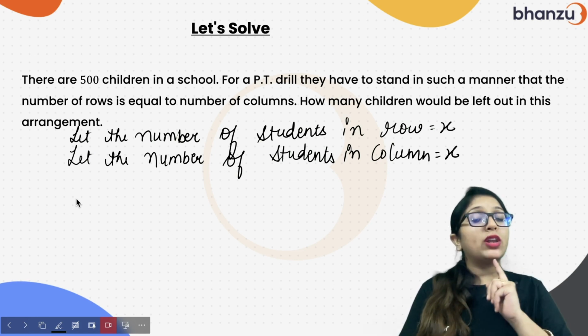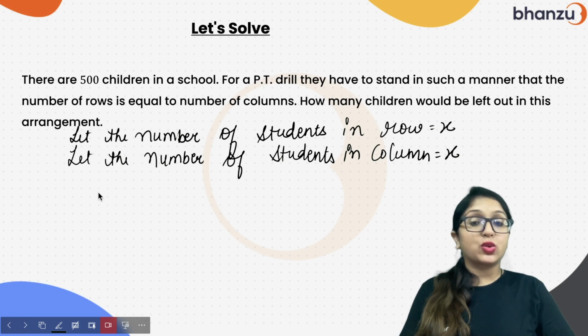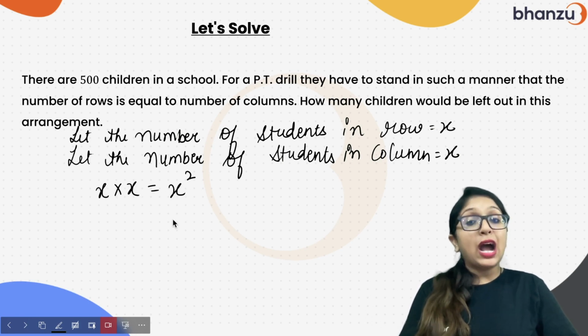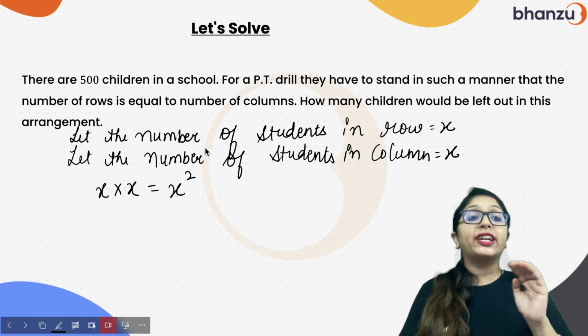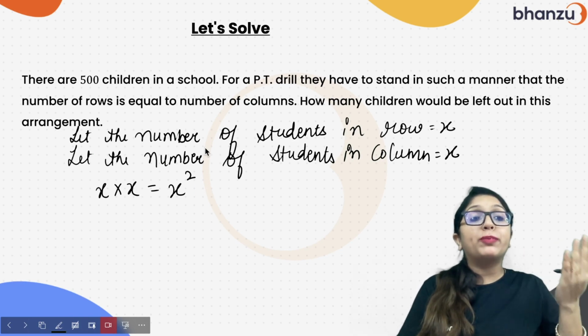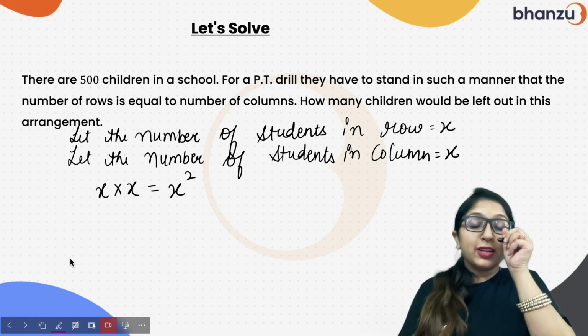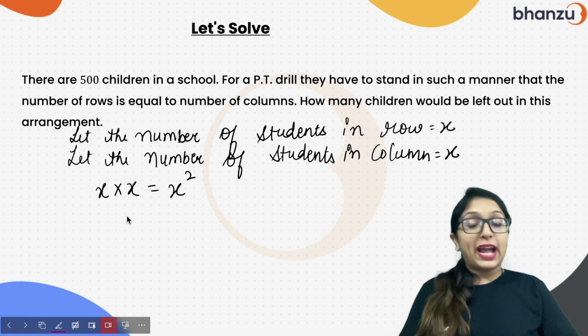Now we want an equal number of students in rows and columns, so this is going to be x multiplied by x, which is x square. Now we know that the number is 500 and we have to find how many children would be left out in this arrangement. So let's quickly see first of all if 500 is a perfect square number or not.